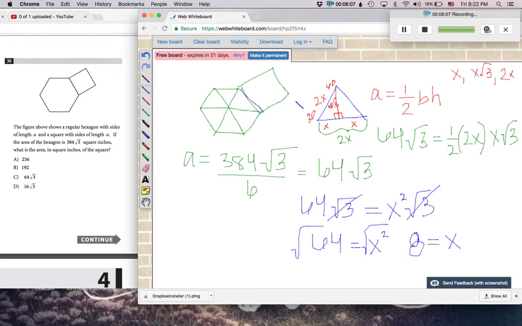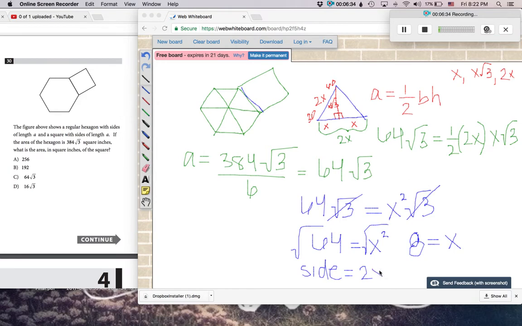So remember that in this case, we're trying to find one side so we can multiply that side by itself, right? So remember, if x is 8, one of these sides is actually 2x, right? Okay, so I'll put side equals 2x, as we determined earlier on, and 2x is what? 2x equals 16.